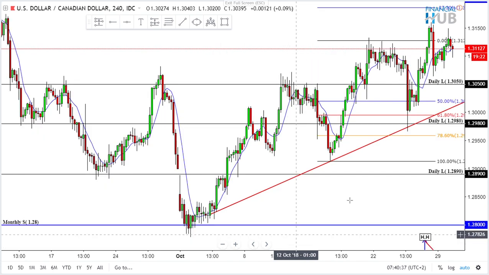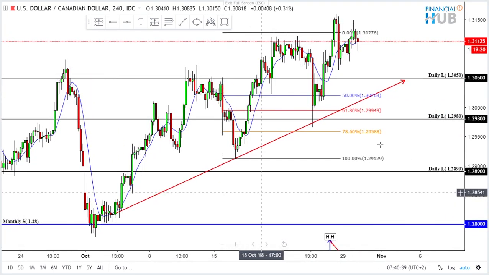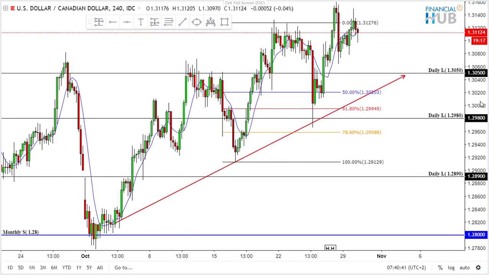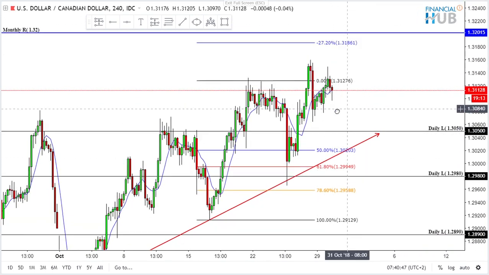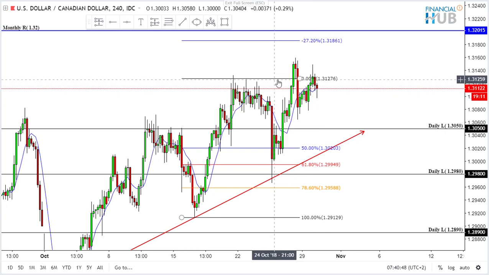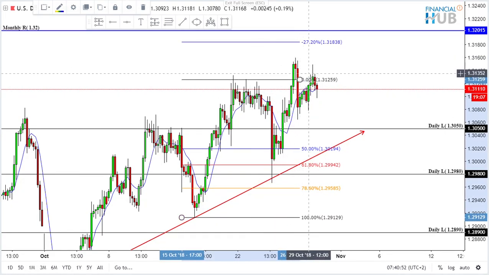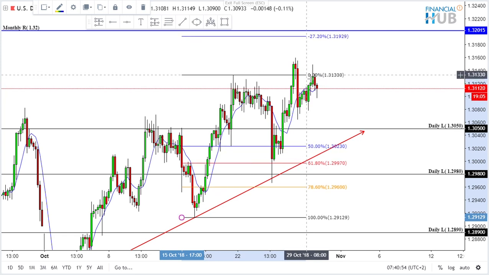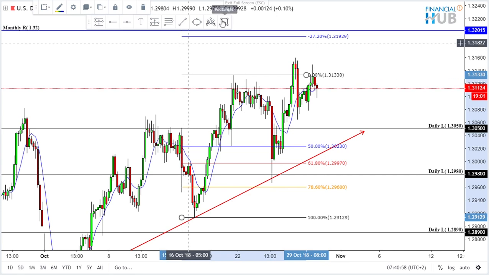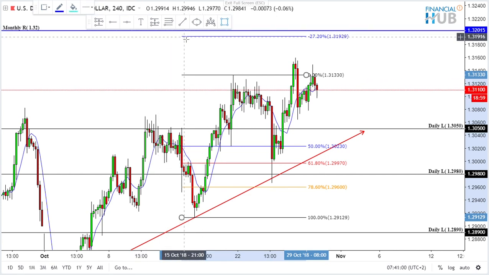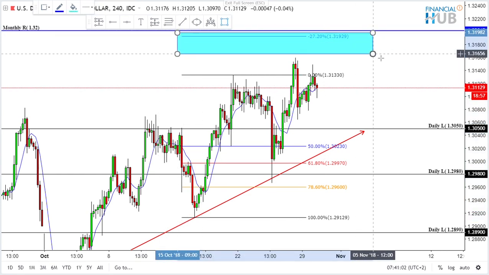So we have this trend line, we have 3 touches of the trend line, but we have not completed this Fibonacci to this mark, the 27.2. So what is the likely possibility to happen? If we bring our Fibonacci now, we get this one off, and don't forget the 1.32 level. The ultimate mark we are looking for is this zone. I'll probably even highlight it for you so that probably before the end of this week we'll be touching these levels.